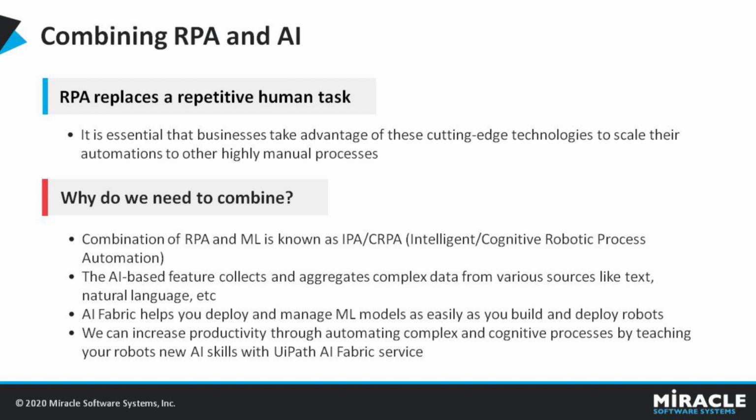Whether it's recognizing an image, extracting information from unstructured documents, or understanding natural language from voice and text inputs, it's like giving intelligence to the bot, so human intervention is not much needed. UiPath provides this capability through AI Fabric in UiPath Orchestrator, where we can deploy our ML models and consume them in the bots.